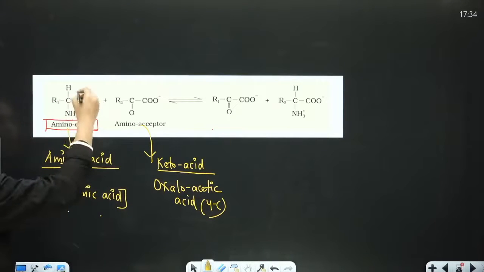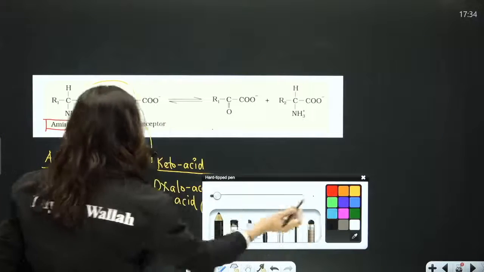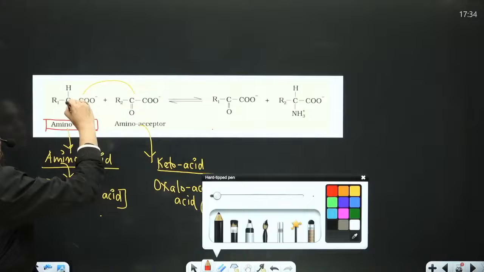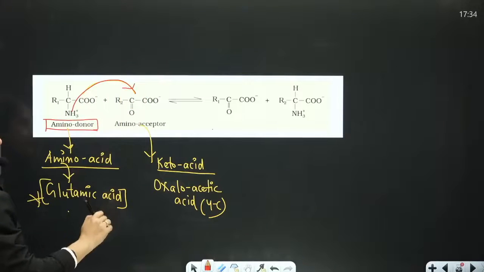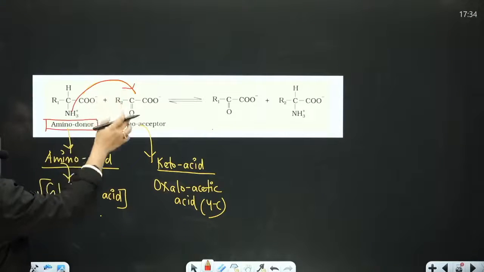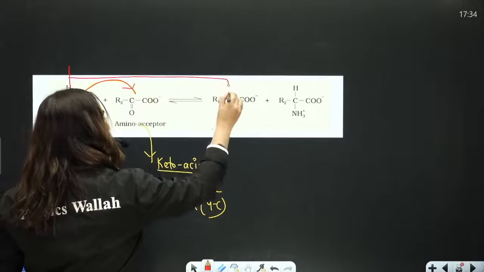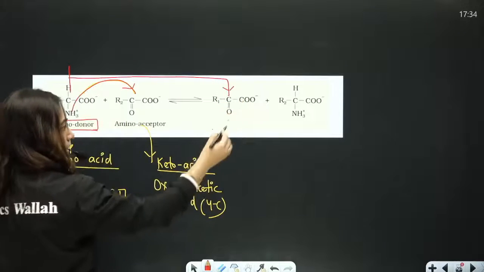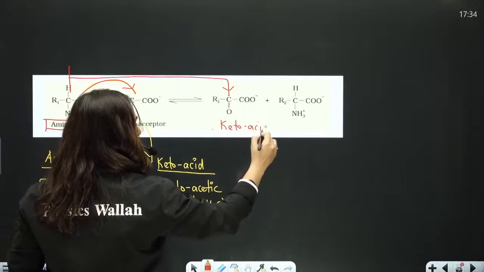So this amino acid will donate its NH2 group, will transfer its NH2 group to the keto acid, right? And as soon as this amino donor donates, it will get converted into the keto acid from which it was formed.